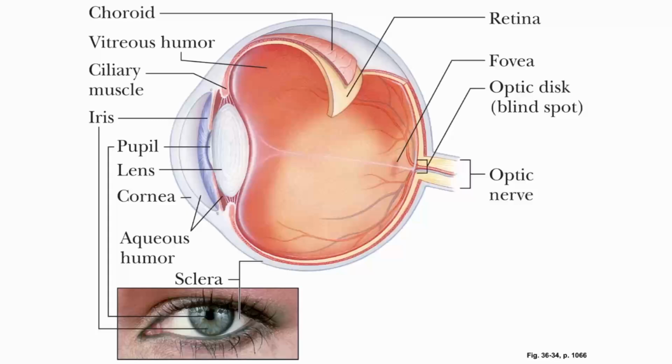Does anybody know what the primary one is? It's the cornea. The cornea is the thing that most strongly focuses light in this setup, because the cornea represents the biggest change in index of refraction through your eye. The index of refraction of air to the index of refraction of cornea, whatever that is, that's the biggest change.